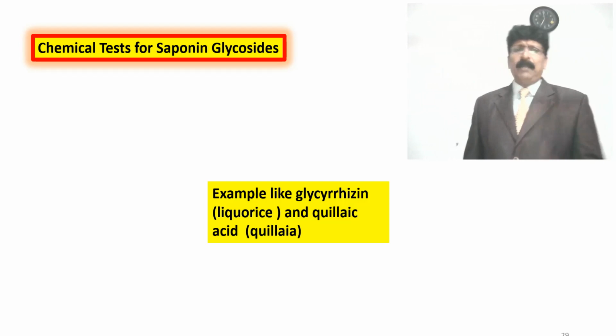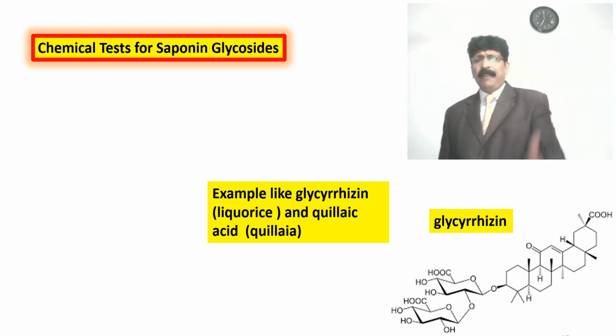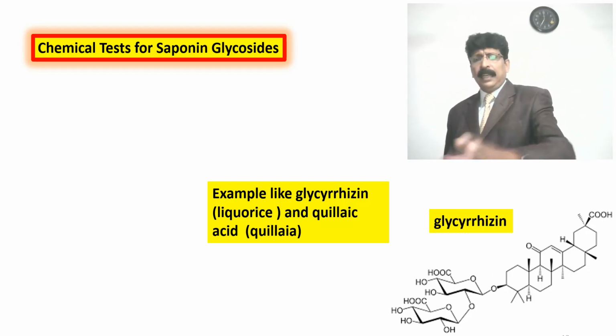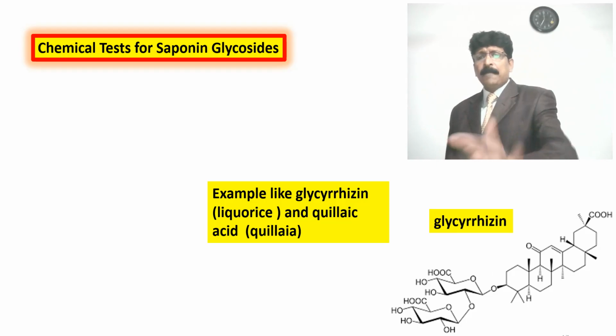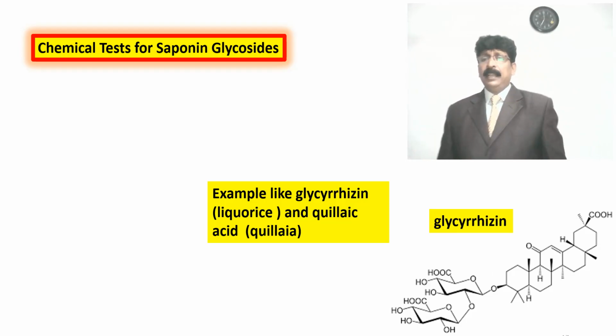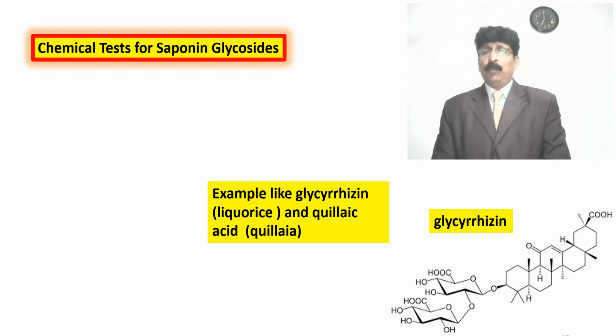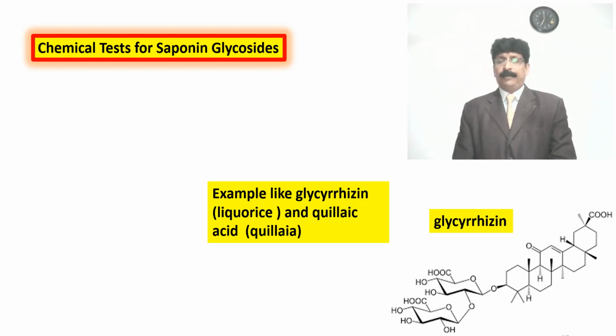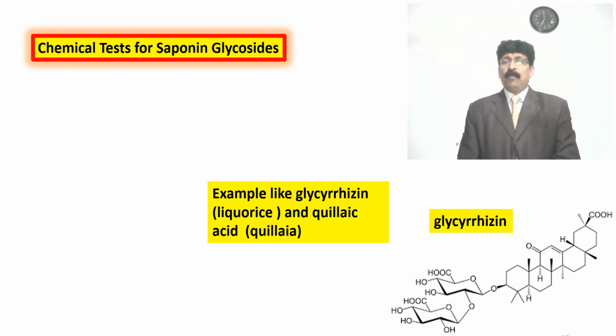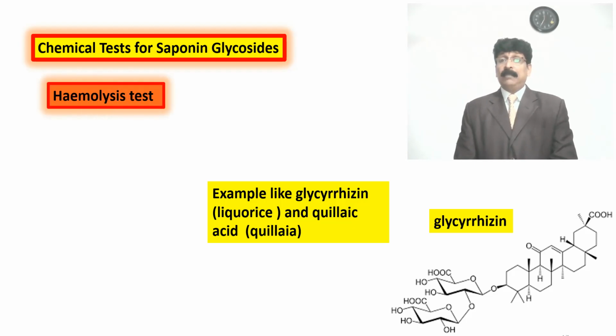There are many examples. They have a glycoside linkage, but the structure is a lengthy ring structure, which makes them saponins, and saponins cause foaming and lysis in blood also.